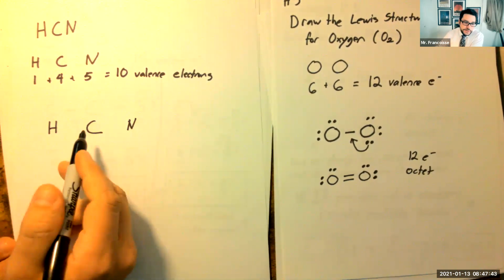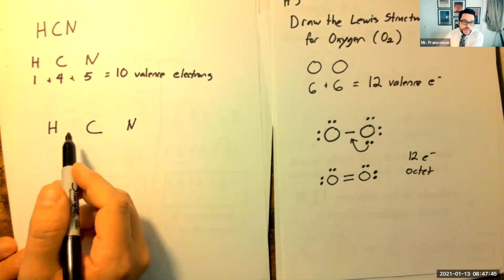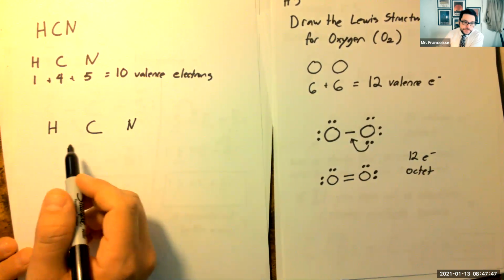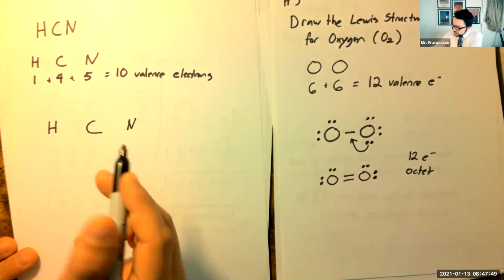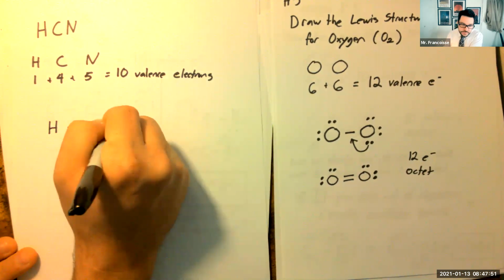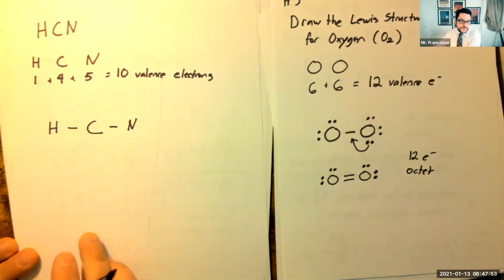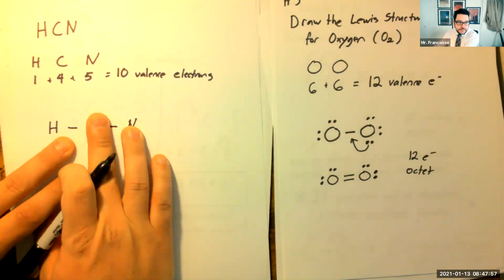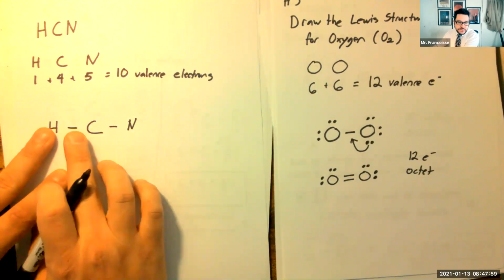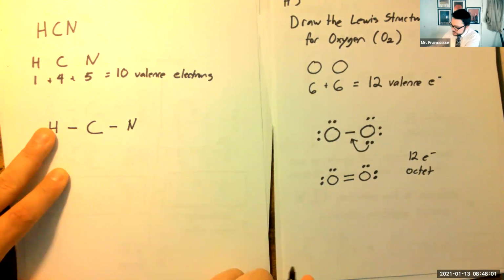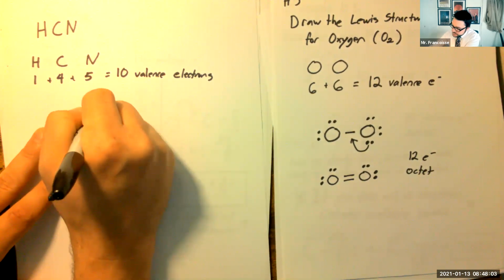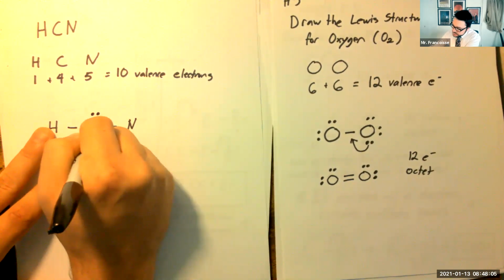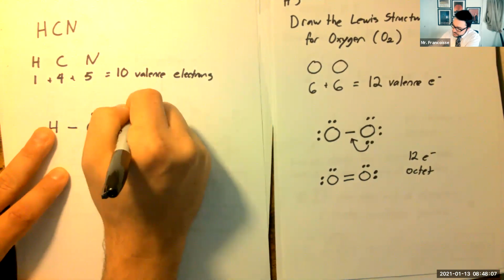We can't put hydrogen in the center because hydrogen only likes to make 1 bond. So if we're looking at this, hydrogen's already full because it has 1 bond here. So far we have 2, 4 electrons. We're going to do 6, 8, 10.